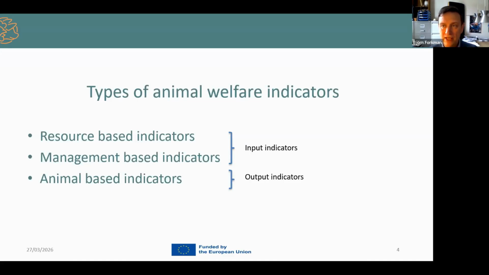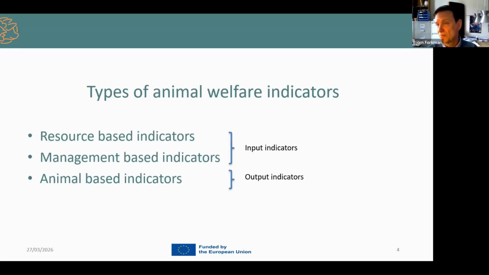When it comes to animal-based indicators, it's much harder. And it's harder for the evaluator, assessor of the welfare, but it's also harder for the farmer. If you say, according to legislation, you're not allowed to have more than 10% pigs with tail bites, the inspector comes out to the farm and sees here's 12% tail-bitten pigs. And the farmer says, well, I've done everything I can do.